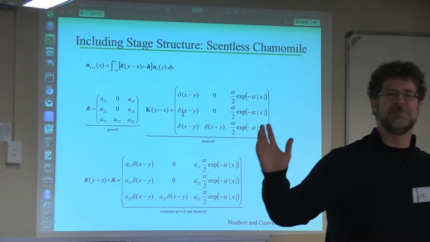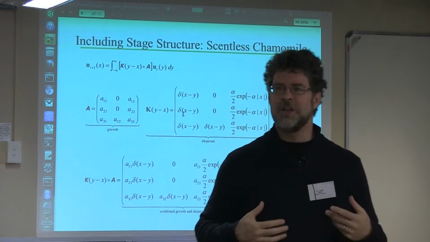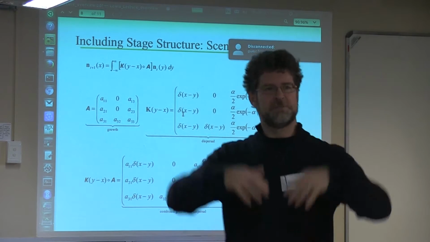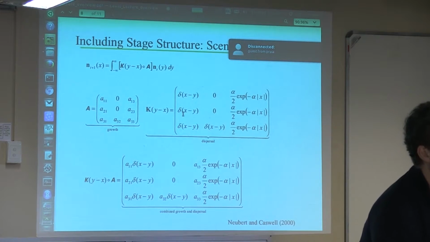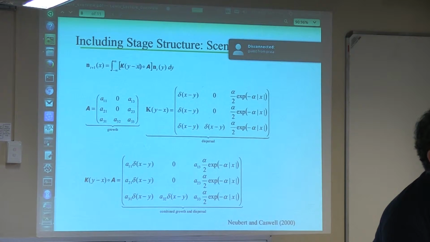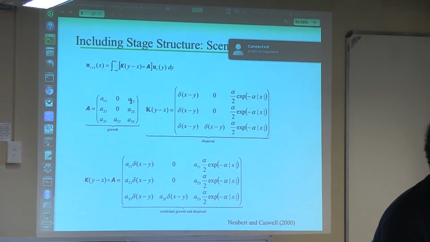Now, OK, here comes the fun part. When you add space, you really have a matrix model with dispersal. And so this was the integrodifference model structure that we looked at last time. A is the same matrix that we saw before. And now, this column comes from the production of new seeds.